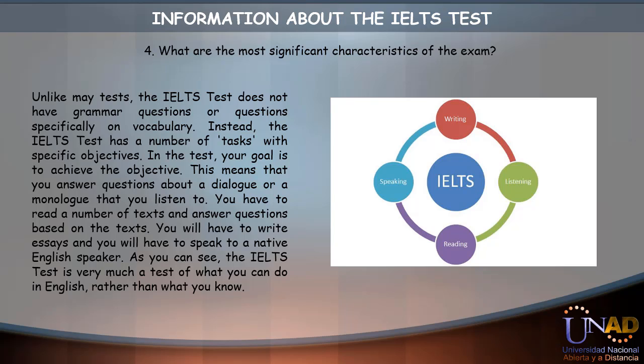This means that you answer questions about a dialogue or a monologue that you listen to. You have to read a number of texts and answer questions based on the texts. You will have to write essays and you will have to speak to a native English speaker. As you can see, the IELTS test is very much a test of what you can do in English rather than what you know.